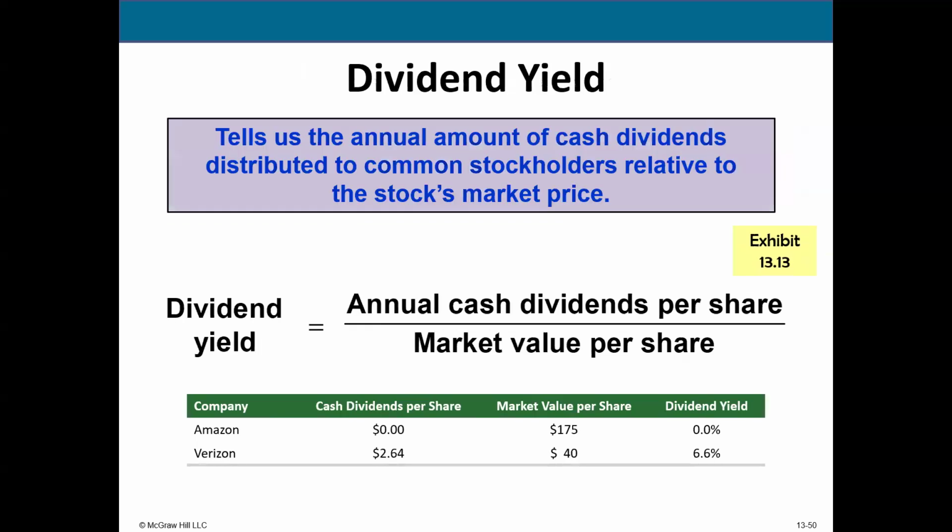And lastly, the last ratio that we calculate with respect to shares of stock is called the dividend yield. The dividend yield, what can I tell you about this?